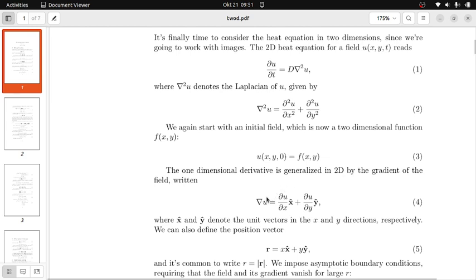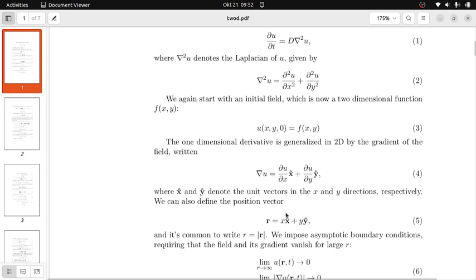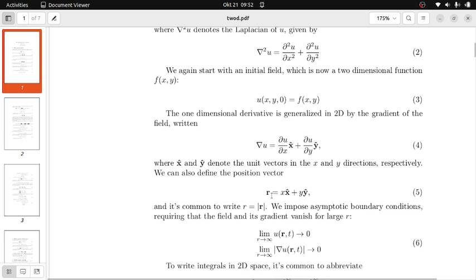The gradient of u equals the partial derivative of u with respect to x in the x direction plus the partial derivative of u with respect to y in the y direction. We sometimes write the position vector as r, which is the x-coordinate times the unit x vector plus the y-coordinate times the unit y vector.